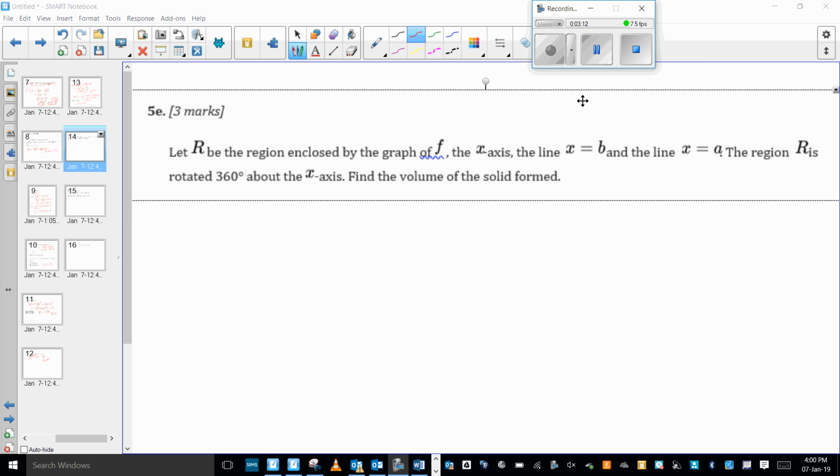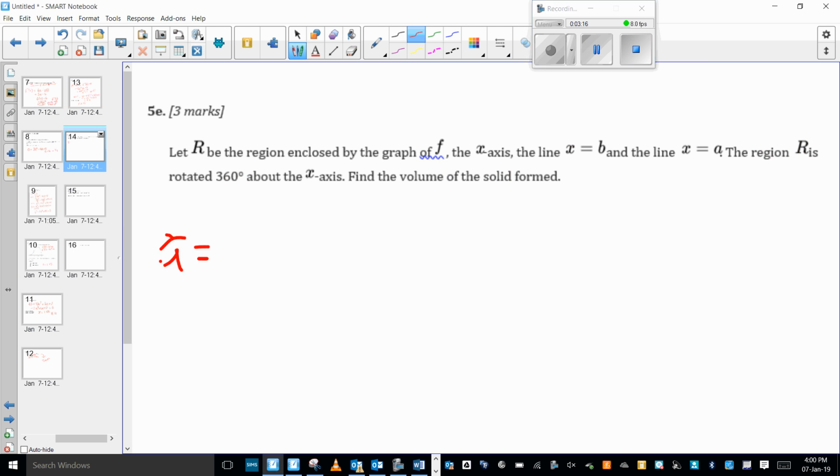Okay, so we've established A was 1.88 and B was 1.